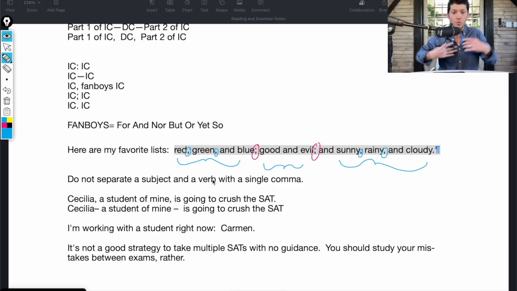So the commas are within each of the entities, and those entities have organization within them, right? So the semicolon acts as a super comma to say, yeah, red, comma, green, comma, and blue, but we have something totally different going on next, right? So we're not just going to use a comma so that you think red, green, blue, good, evil, sunny, rainy, cloudy are all kind of at the same level, right? No, they're separate lists, right?